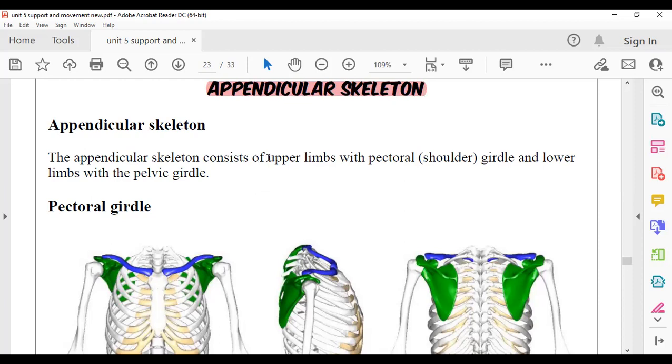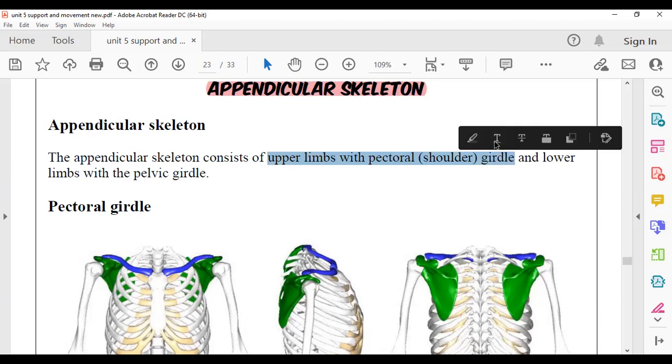These two stay as a combination. Who are the two? Upper limbs, our hands, and the pectoral girdle are in one combination. Lower limbs, that is our legs, and the pelvic girdle are in one combination.